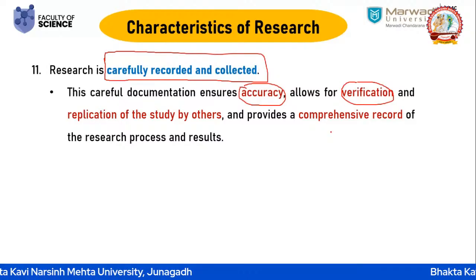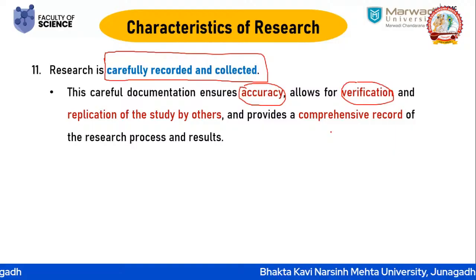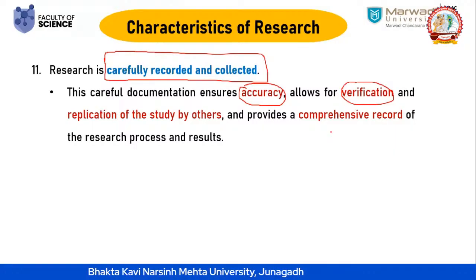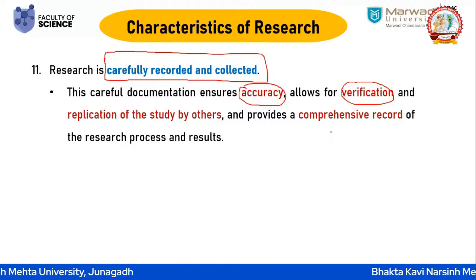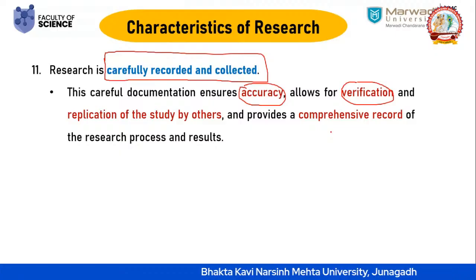So what happened? We verified the structure by different tools, and from that we came up with the result that this method is appropriate to synthesize the specific molecule that you are proposing. Okay, so it is required to verify it from different perspectives, and then you can come up with your result. It is very important.